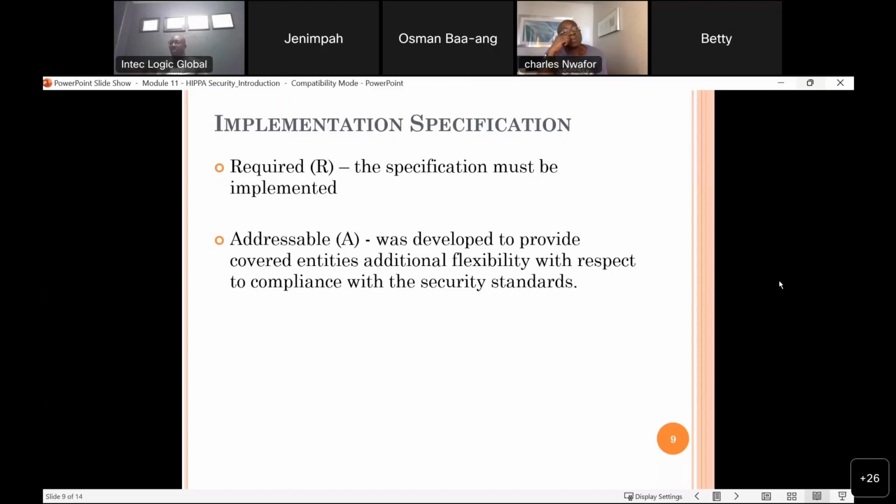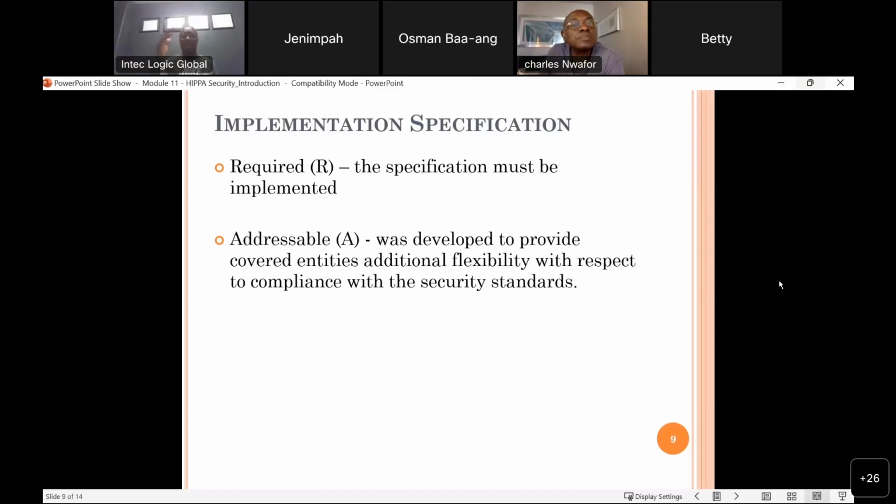You can use an ordinary lock for the server room, but when people go in, let them write their name on a paper. That is enough. That is addressable. It gives some kind of flexibility, but it must be implemented, and you have the flexibility to use an alternative measure to make sure that you meet the law.